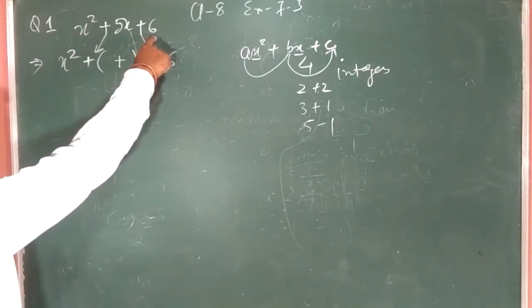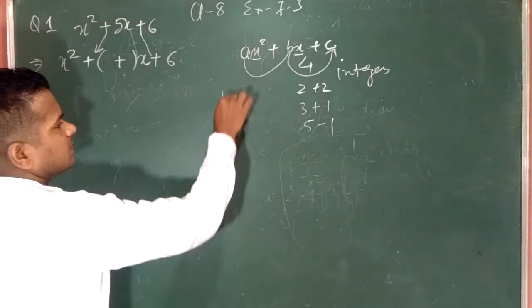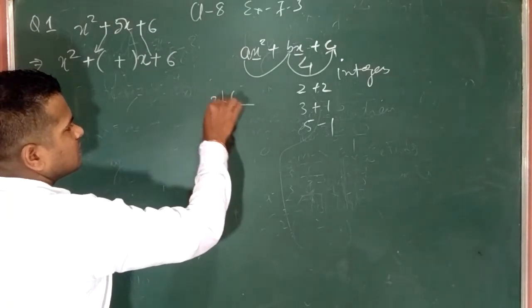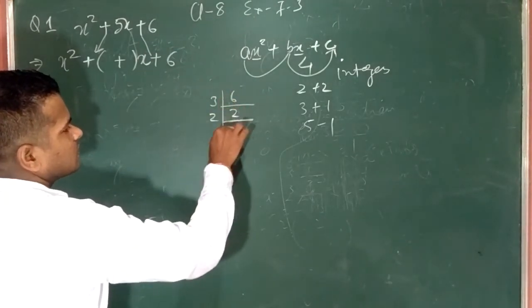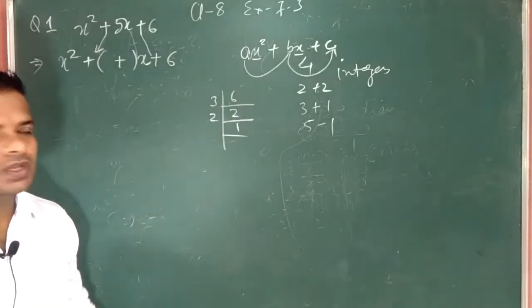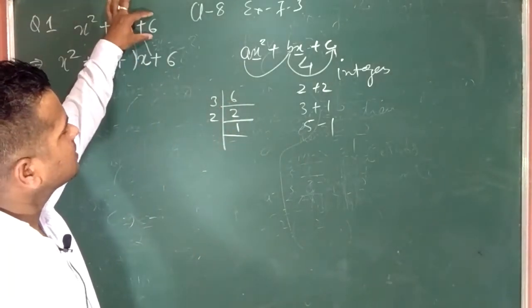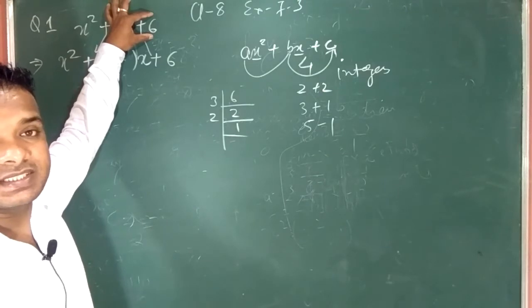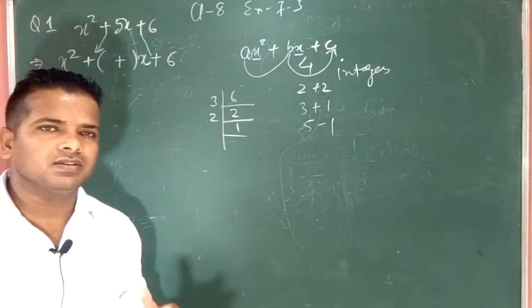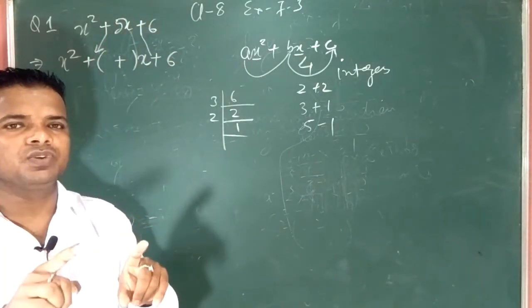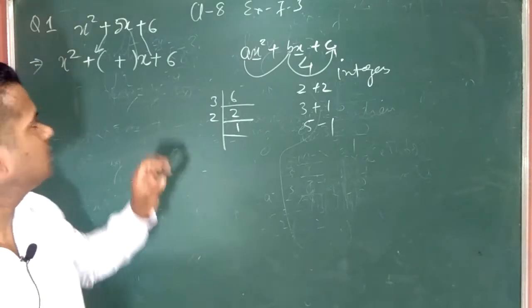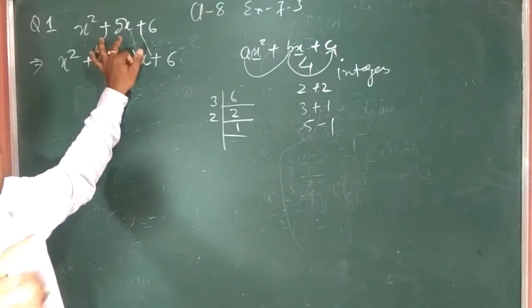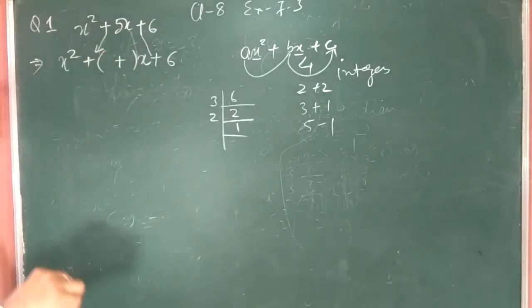For that, mostly we take out the factors of 6. 3 twos are 6 and 2 ones are 2. We will split 6 in such a way that when we add these two numbers, it must come to the middle number 5.